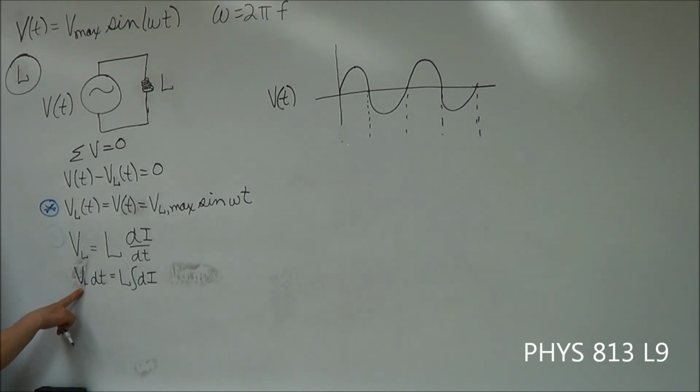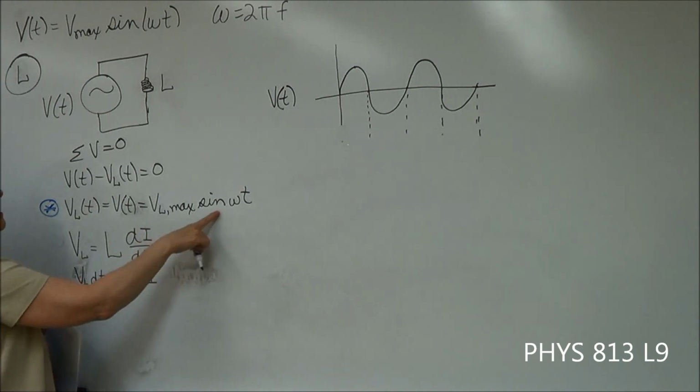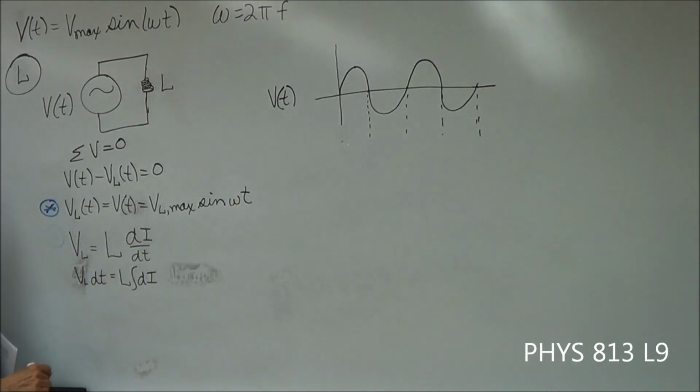Now on the left, our voltage across the inductor, if we go up here, this is the thing that is a function of time. So we need to put our integral sign outside so that we can actually integrate our voltage equation or term.